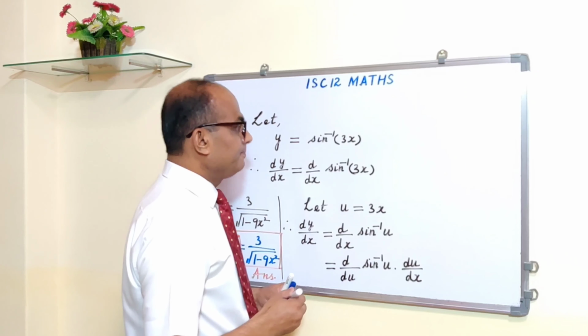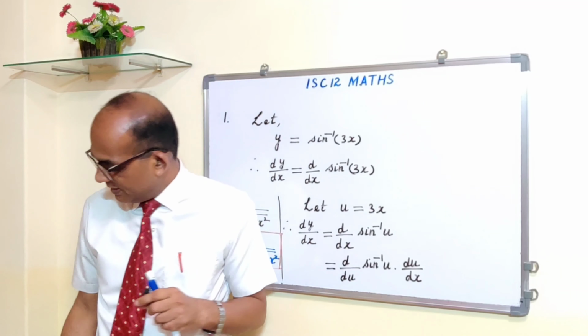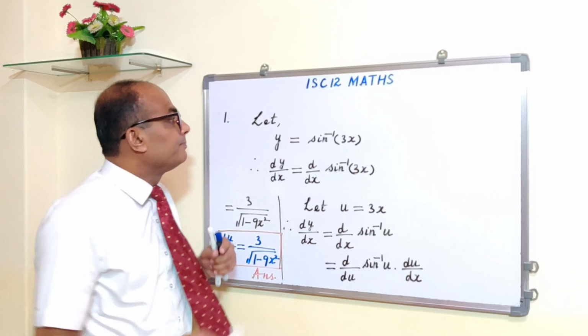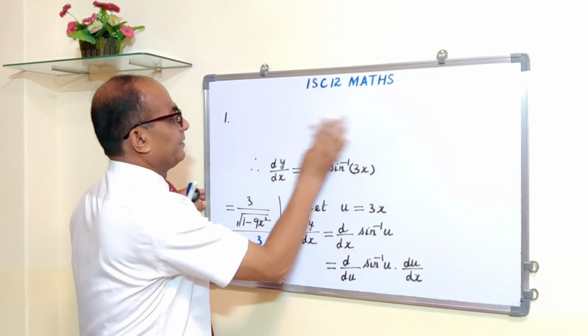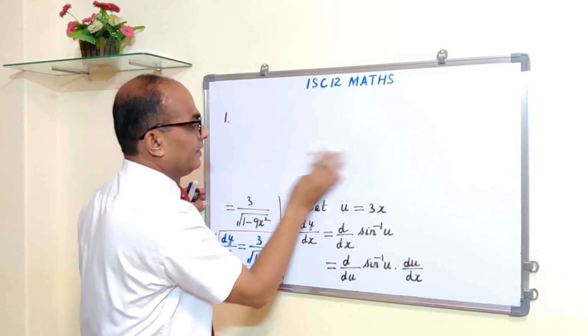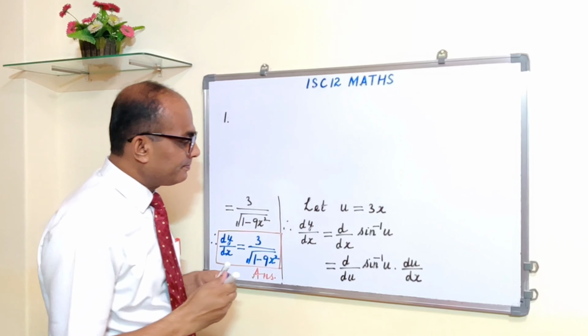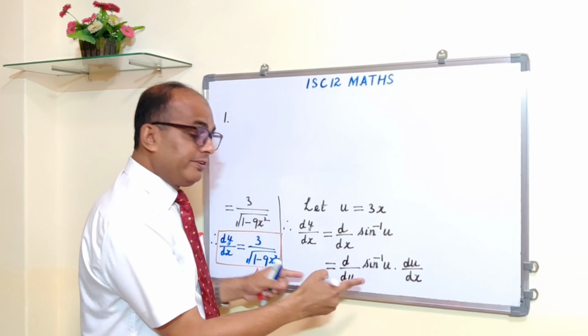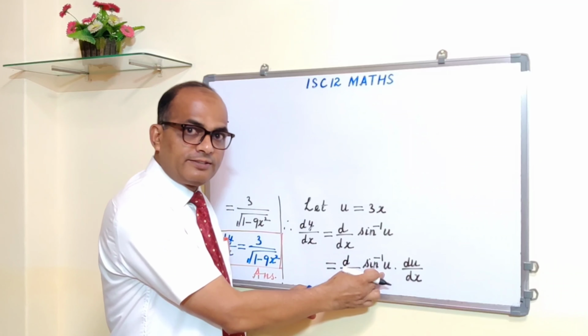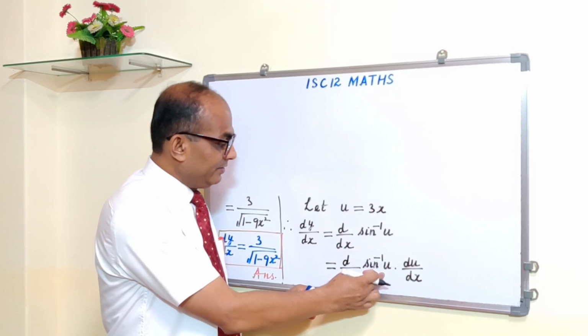Fine. So after this you can write down, this is equal to, can I rub now? Okay. Let me rub this. This is equal to the same formula, d dx of sine inverse x, 1 over root 1 minus x square.